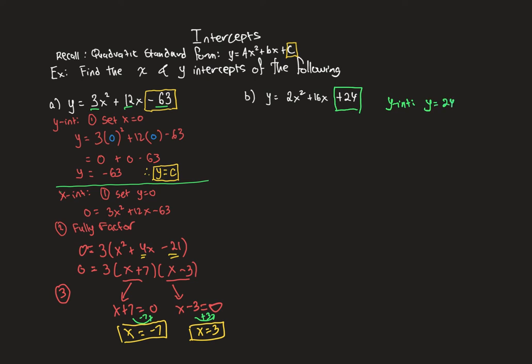All right, and then our x-intercept, well, you're going to factor out the 2 because I noticed it's common between all of them. And I know that 6 times 2 will give me 12, and 6 plus 2 will give me 8.